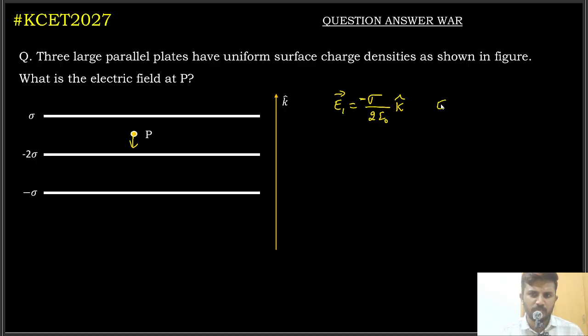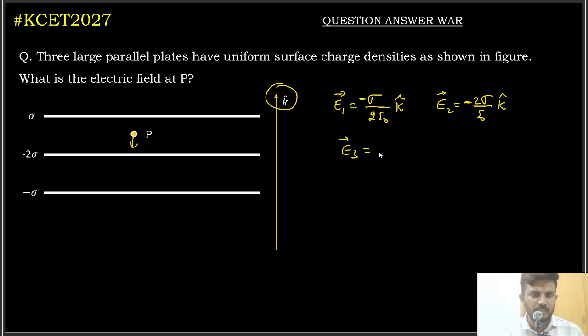Next, E2 is equal to minus 2 sigma divided by epsilon naught. The minus is not because this charge density is negative, but because it is downwards. So the minus sign indicates that the electric field is opposite to k cap.